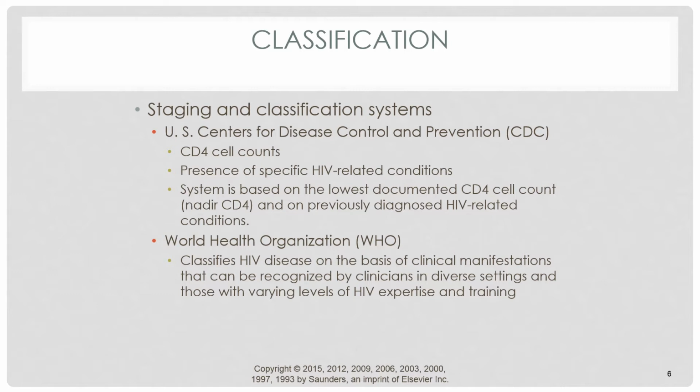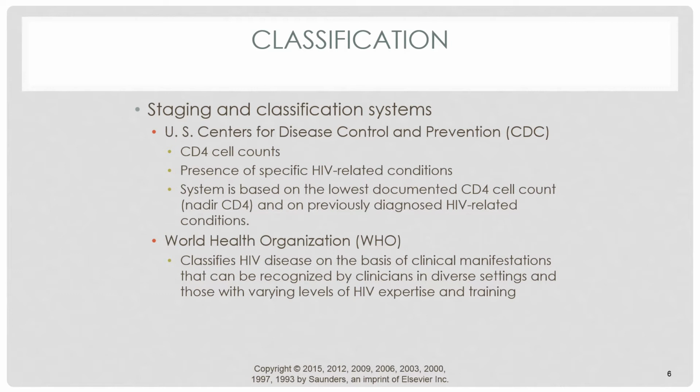The system is based on the lowest documented CD4 cell count, their nadir, and previously diagnosed HIV-related conditions. There's a chart in your book. You can take a look at that. Kaposi sarcoma, pneumocystis infections, things like that. If someone came in and was diagnosed with that, we would definitely make sure to check to see if they had HIV.